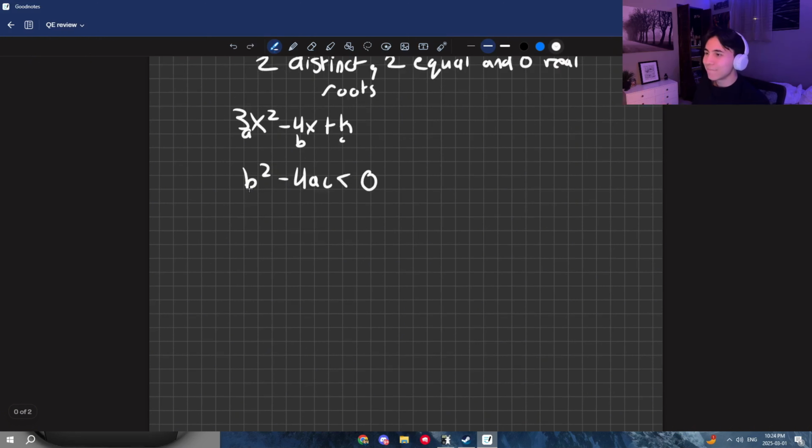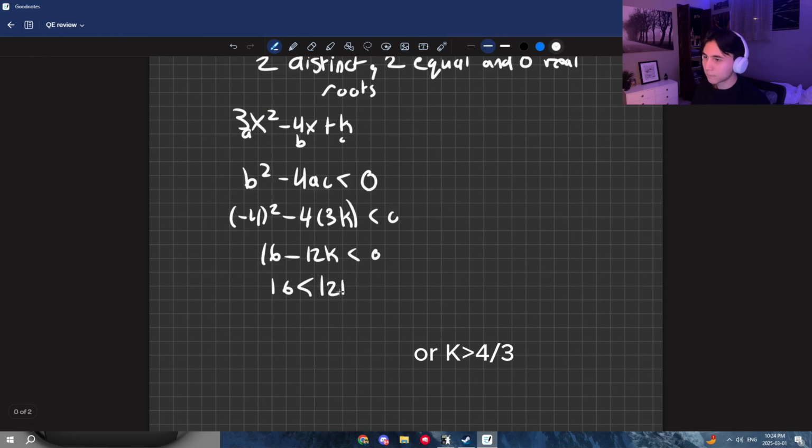So let's just replace. We get negative 4 squared minus 4 times 3 times k. This is going to be the same calculation. We get 16 minus 12k is less than 0, so 16 is less than 12k, and we get k is greater than 4 over 3.